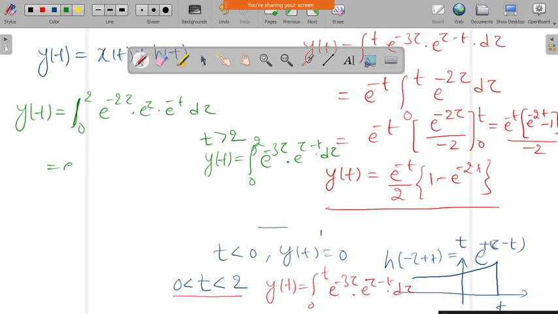Taking e power minus t outside, we get minus 2 tau.